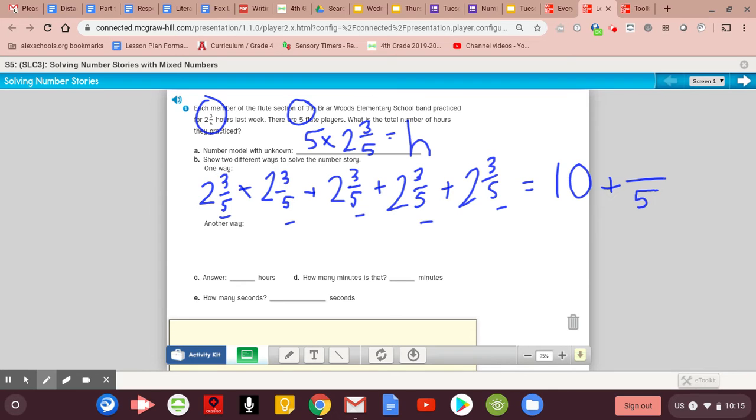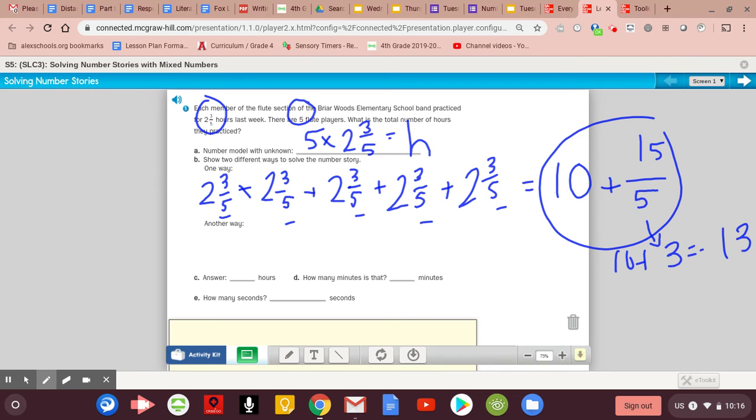So 3, 6, 9, 12, 15 when I add across those numerators or that top number. So before I add my 10 plus 15 fifths, I am going to simplify 15 fifths. 5 goes into 15 3 times. So I will have 10 plus 3, which gives me 13 hours.